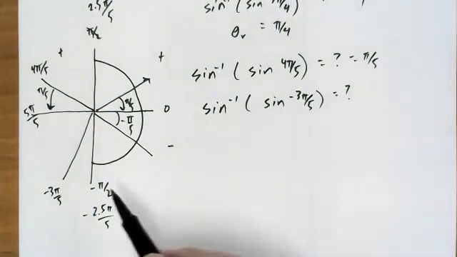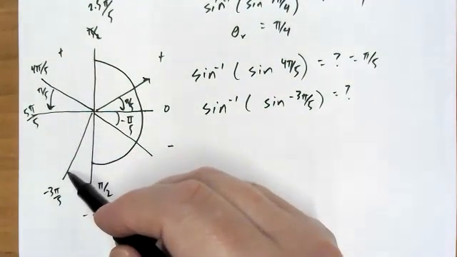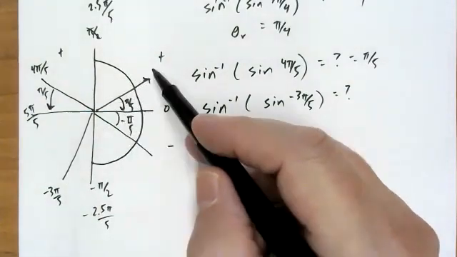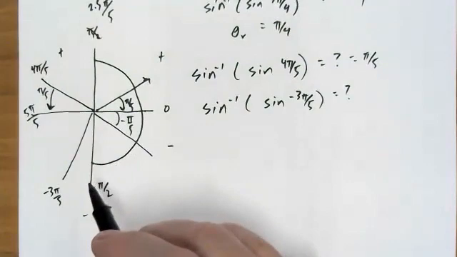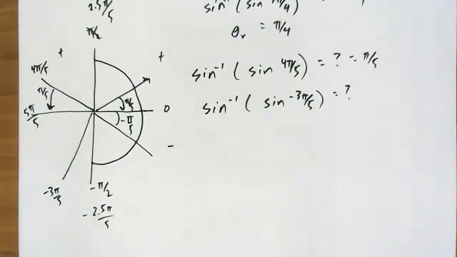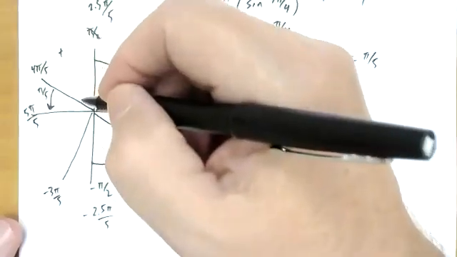So my original angle was not in my allowed or OK region. So therefore, I'm going to have to go find the reference angle for this original angle and then go find the reference angles on the right half of the circle to find an answer.